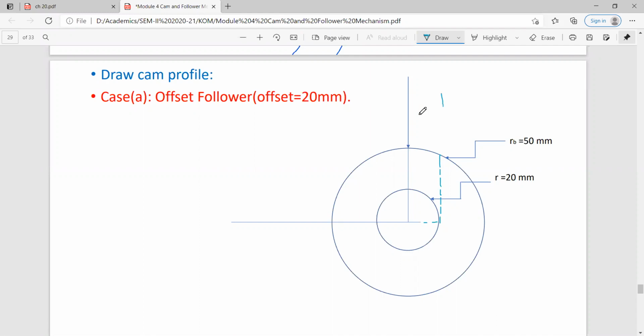So this arrow will shift here at this point. This is our initial position of the follower, which we label as 0.